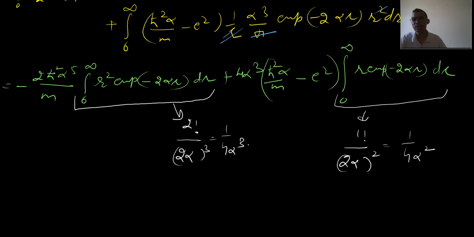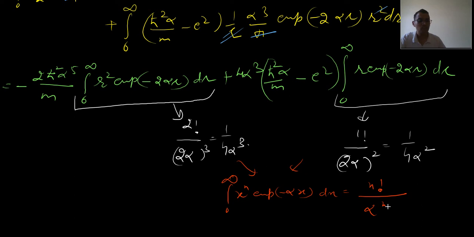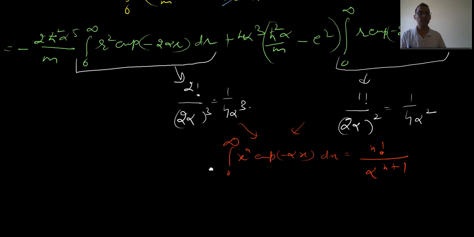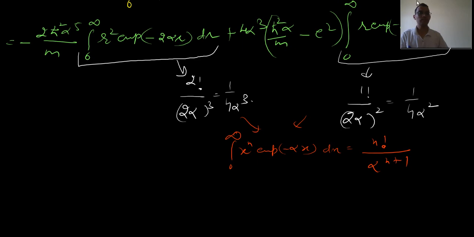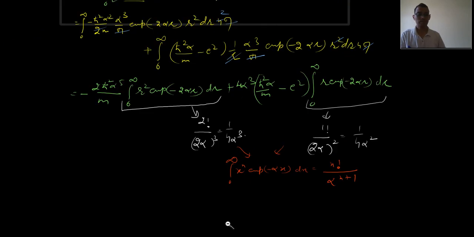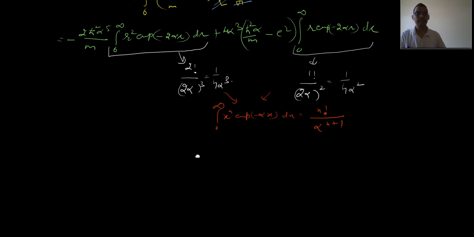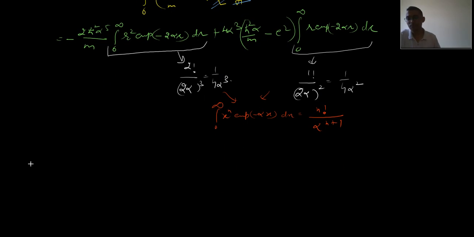For this I have used the formula which I described earlier: integral from 0 to infinity of xⁿ exponential of minus αx dx is equal to n factorial over α raised to power n plus 1. So I use this formula here, and if I use these values, then this integral will become, let me write down, so the expectation value of energy can be written like this.